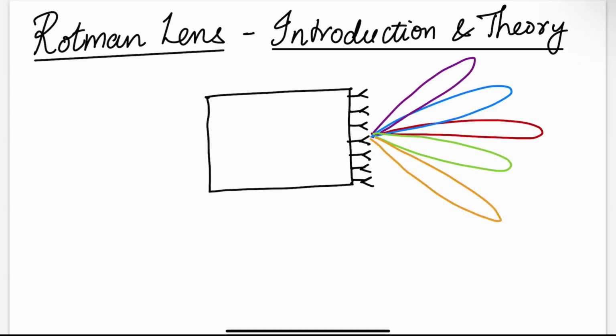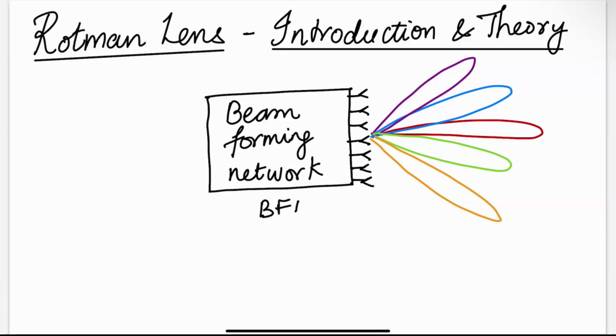One way is to use a phased array, but a simpler approach, which is totally passive, is to use something called a beamforming network, or BFN for short. It's a set of inputs and outputs.